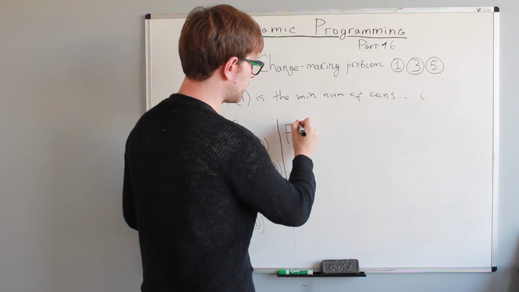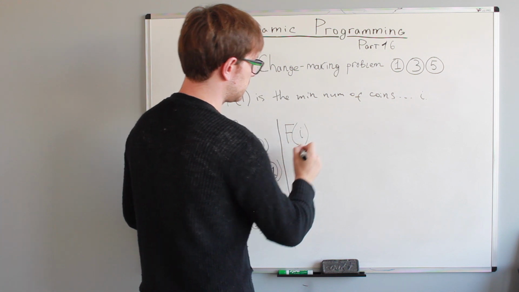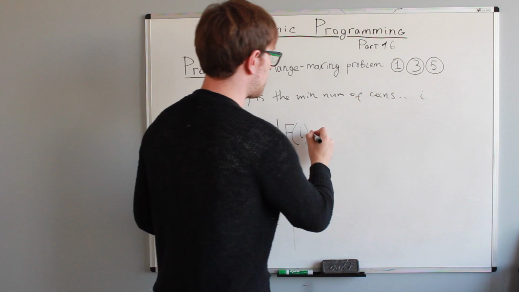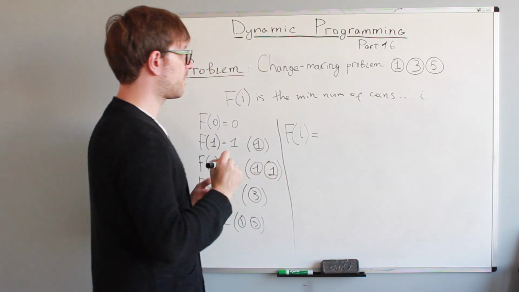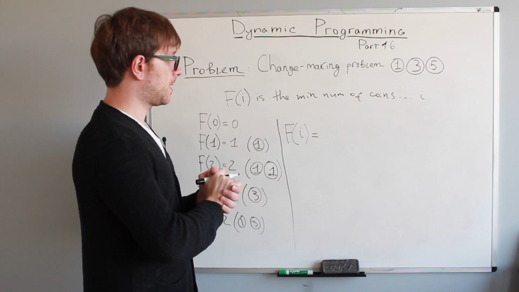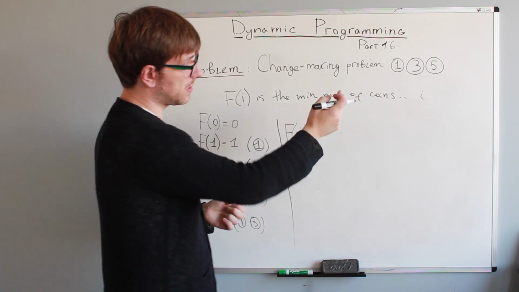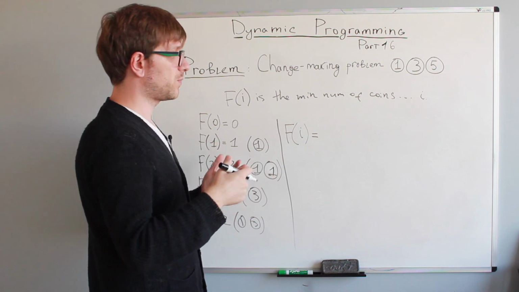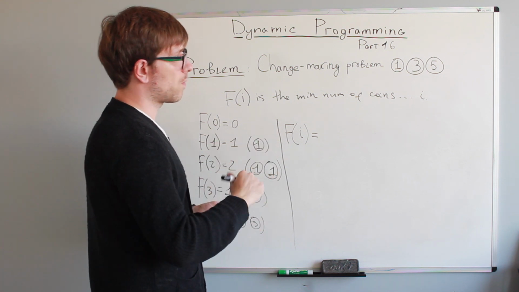Okay, now let's try to define the transition function. This is where we can start brainstorming the problem. So what are our options here? We need to find the minimum number of coins to make a change by using the following denominations, 1, 3, and 5. Let's say that we start making a change from 1 cent.